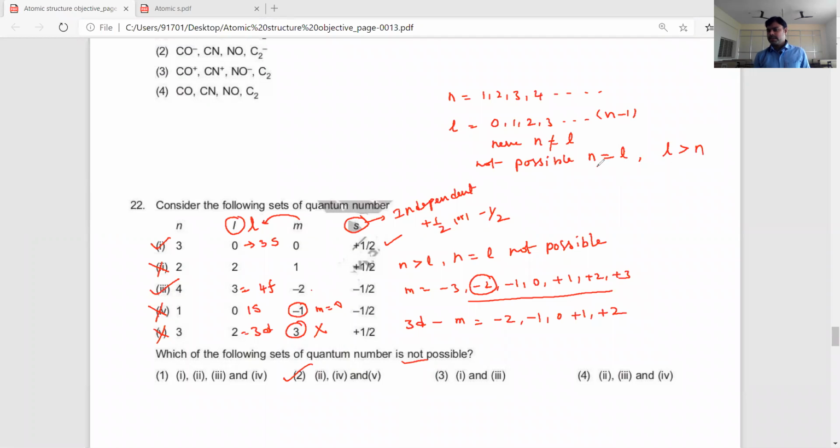Okay, that is very clear. Next, m values depend on L values. The possible m values are minus L up to 0 up to plus L. In this range only the m values will be present. That's why the not possible sets are 2, 4 and 5. Okay, clear students?